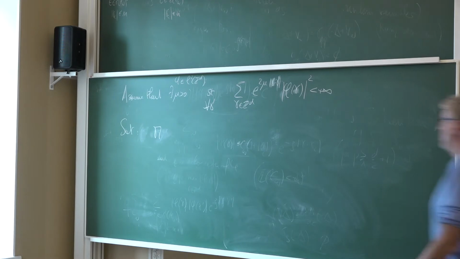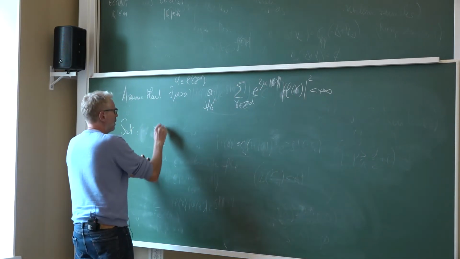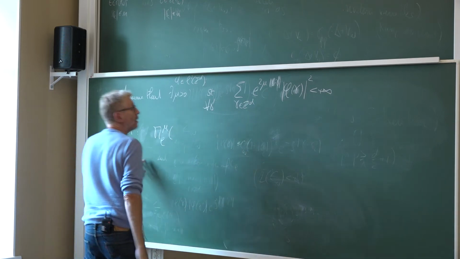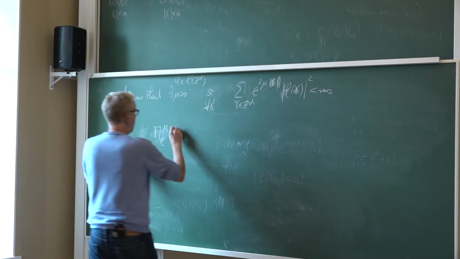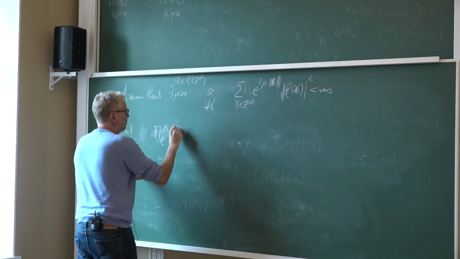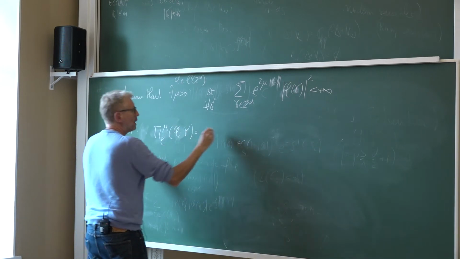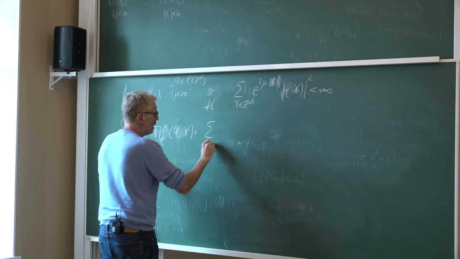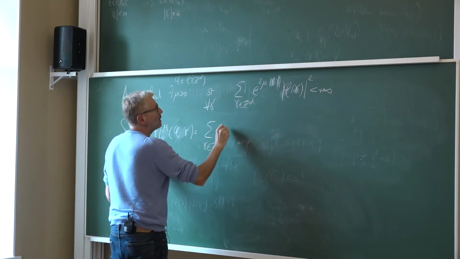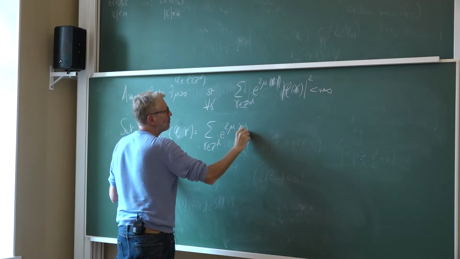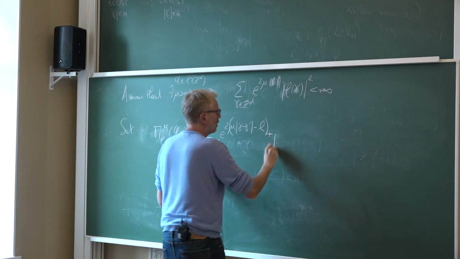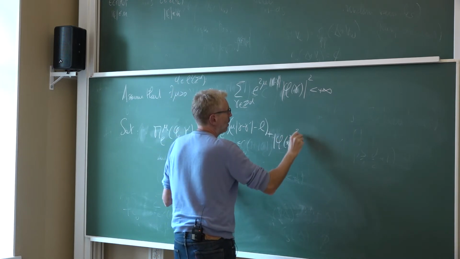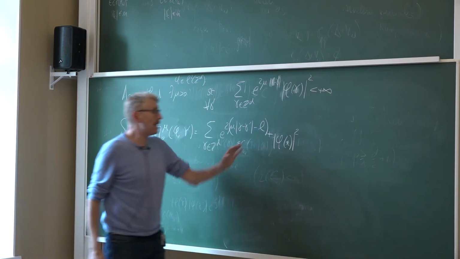M of L, mu, phi and gamma prime, to be the sum over gamma in Z^d of e to the 2 mu times gamma minus gamma prime minus L, positive part, times phi of gamma squared. This is well defined.